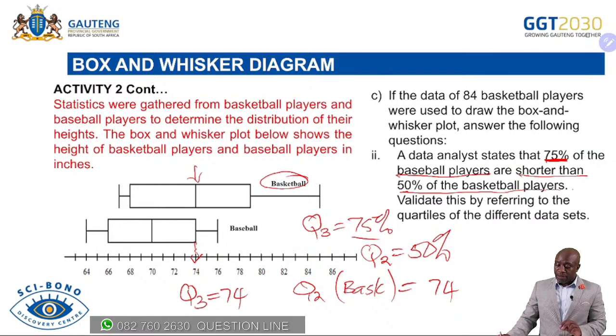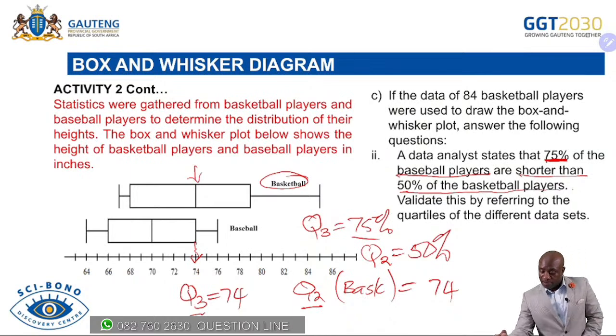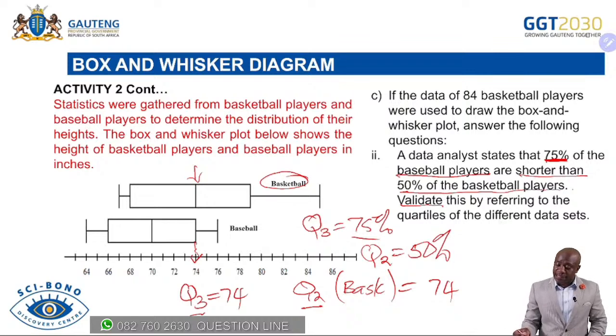So remember, 50% is Q2, 75% is Q3. Now, let's read the statement. It says, validate this statement. Back to that question where we validate, we find truth in the statement that is given to us. We find value to say, is it true, is it false? It says validate this by referring to the quartiles of the different data sets.